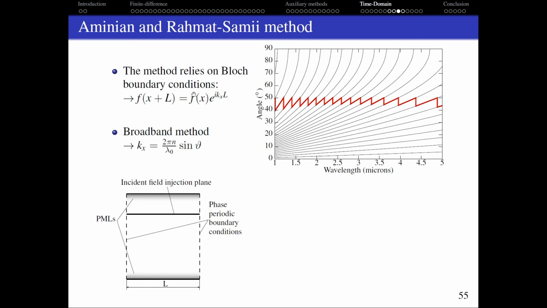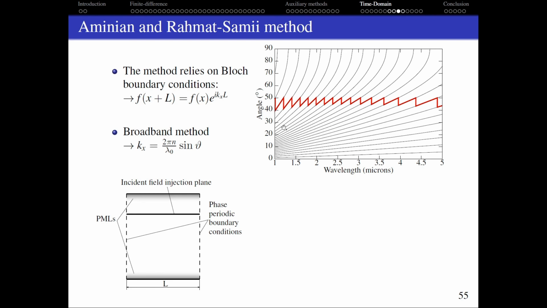But since this is fixed for all wavelengths, as we want to have a broad spectrum, that means that we have a relationship between the wavelengths and the angle of incidence. So when you run a calculation, this pulse is going to be constrained by one of those lines on the right here, and the angle of incidence is going to increase together with the wavelength.